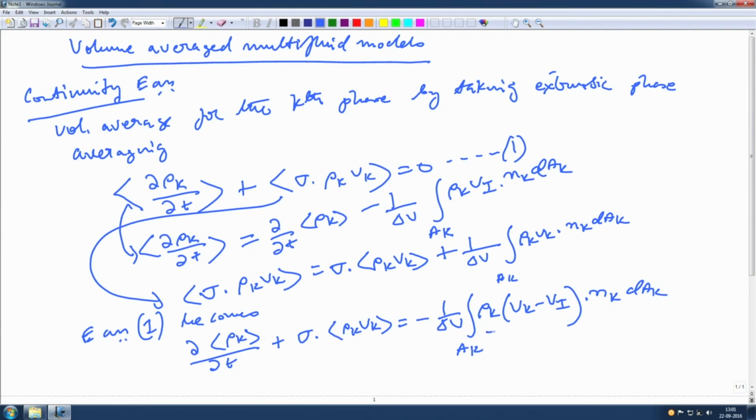So, what does this term actually mean? We have already covered that. This is the mass transfer from all other phases to the kth phase due to phase change.